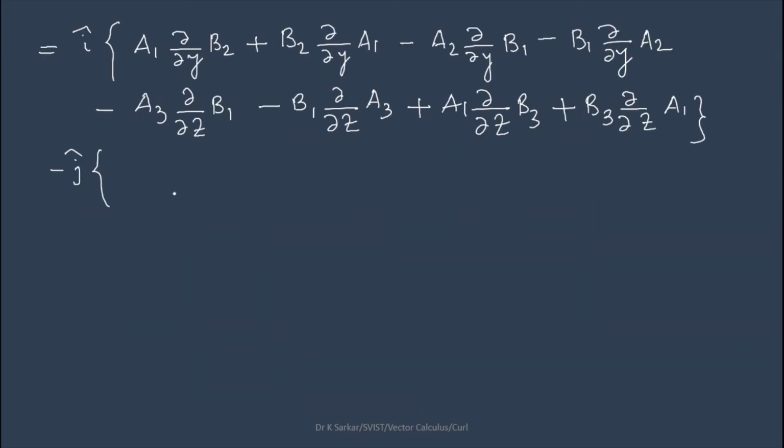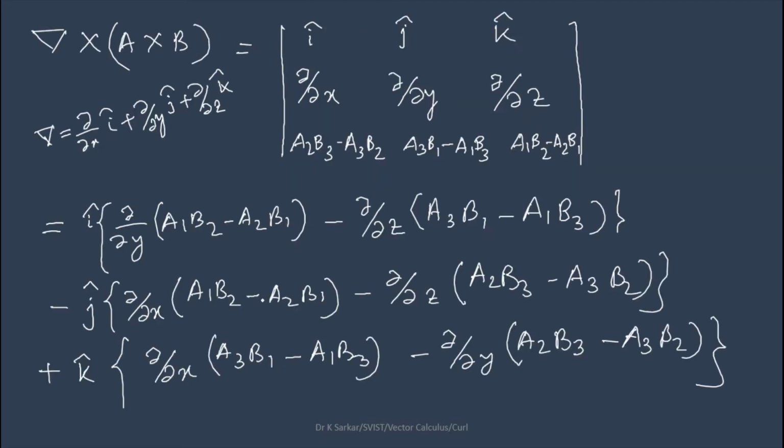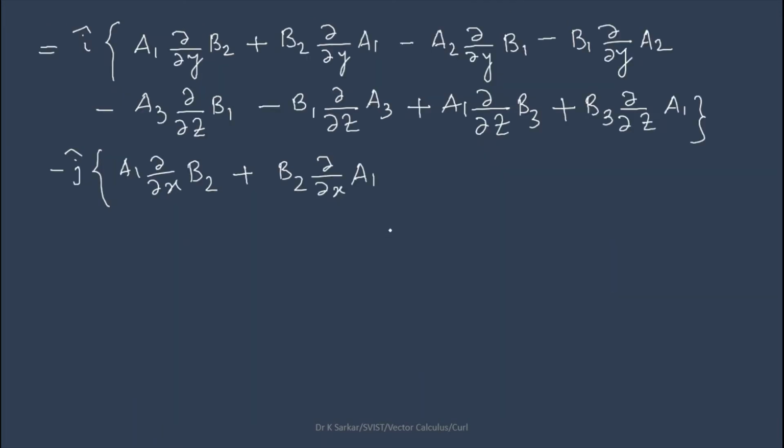A1 B2 gives A1 del/del x of B2 plus B2 del/del x of A1, then minus A2 B1 gives minus A2 del/del x of B1 minus B1 del/del x of A2.